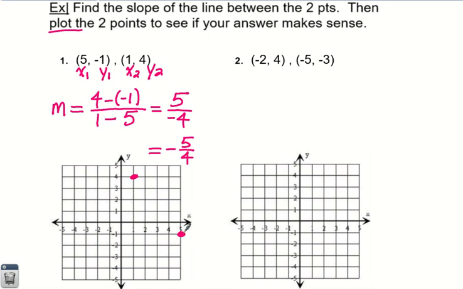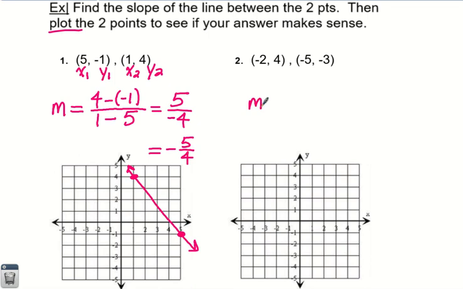That's different than rise over run with the slope, okay? So I could connect these with a line technically, but just counting, we would go down 1, 2, 3, 4, 5, over positive 1, 2, 3, 4. So it'd be a negative 5 over a positive 4, and so yeah, that holds true, okay?